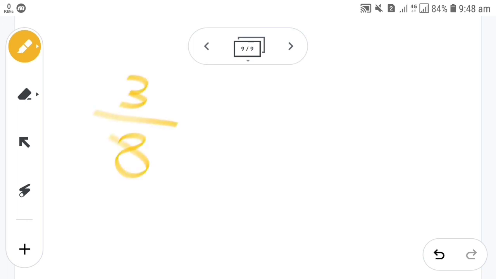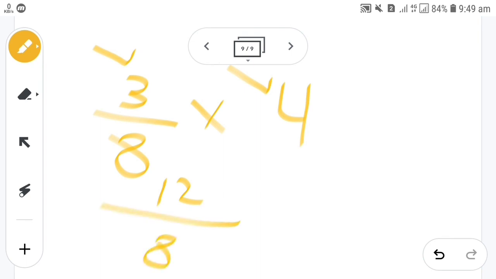3 by 8 and multiply by 4. We can multiply this number by a fraction in two ways. First way is direct multiply. In this first method we have to multiply numerator and number. 3 into 4 is 12 by 8.